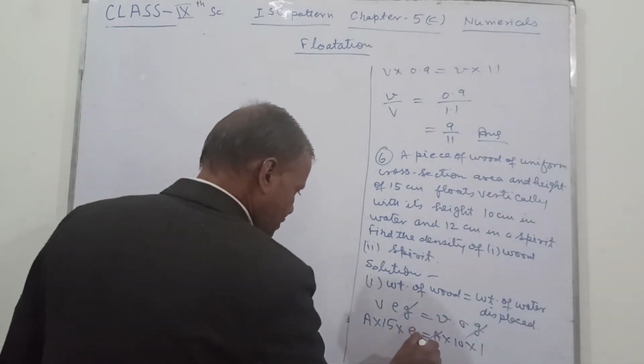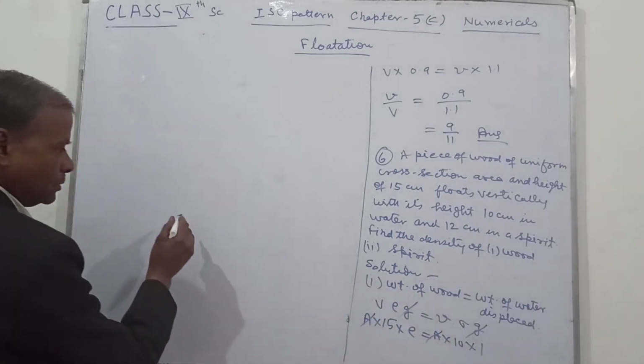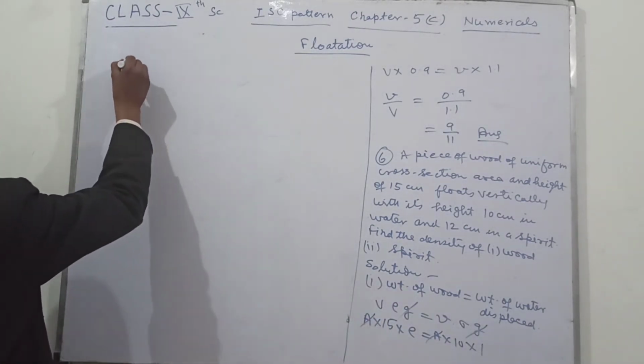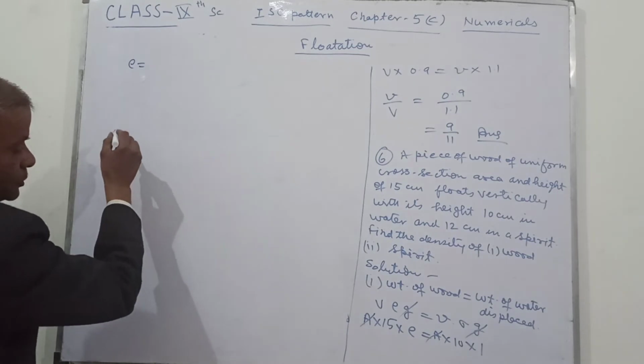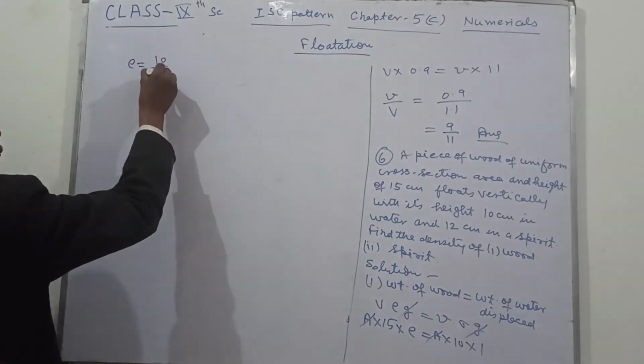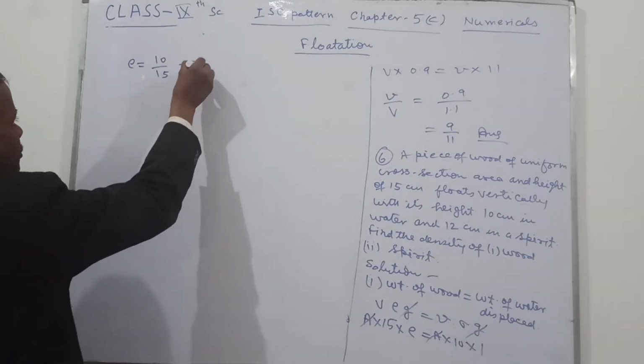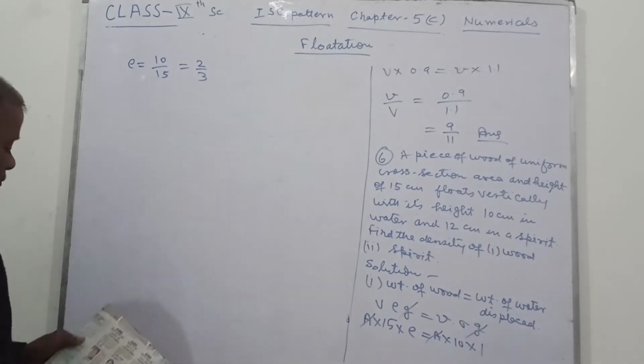So this A will cancel from both. So rho is equal to 10 upon 15, which is 2 by 3.